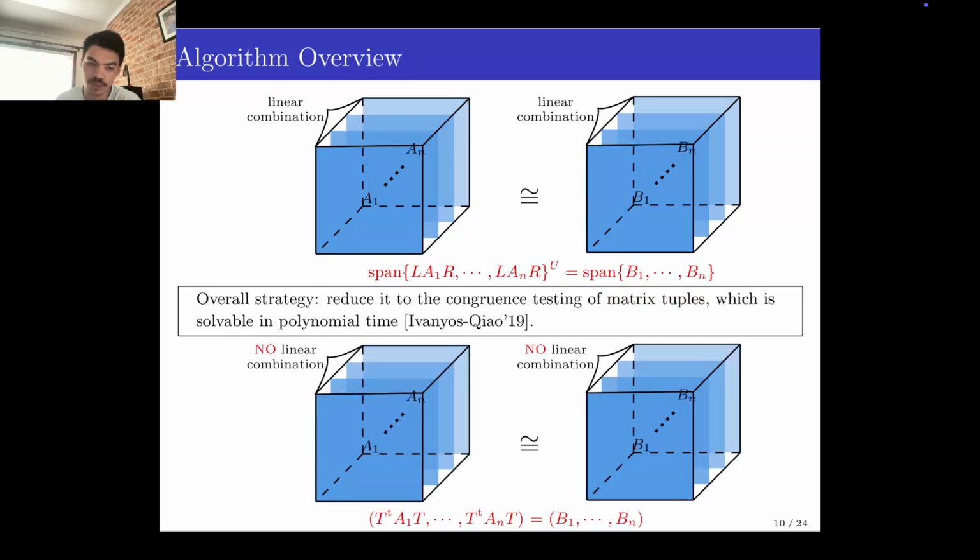What this looks like is we need to somehow fix this third direction so there's no U which does linear combinations on the frontal slices. It's also convenient to reduce this to the congruence testing problem. So instead of asking whether there's a left and right matrix, we're asking whether there's a T transpose and T acting on the left and right, or the congruence action.